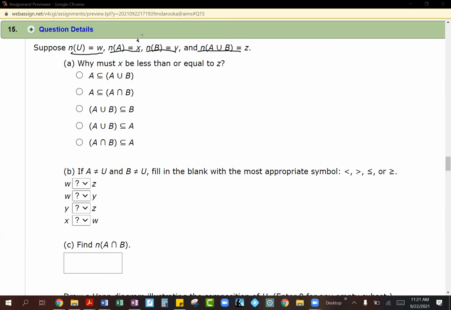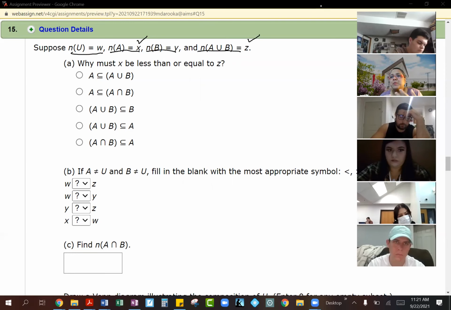X is the cardinal number of A, and Z is the cardinal number of the union between A and B. Basically, if you think about combining two sets, A and B, as a union, then if B has even one element, A union B is going to be larger than set A by itself.